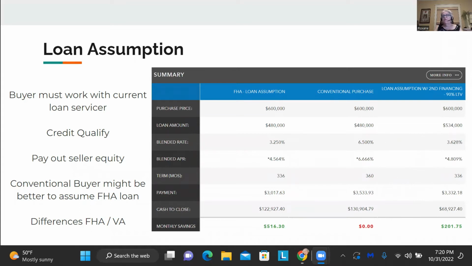There are a few other facts that are important to know about assumptions. One is that you don't have to be a first-time home buyer to assume any of these loans, like an FHA loan. And on a VA loan, you do not have to be a veteran in order to assume that VA loan.